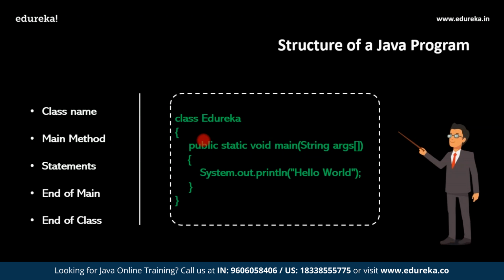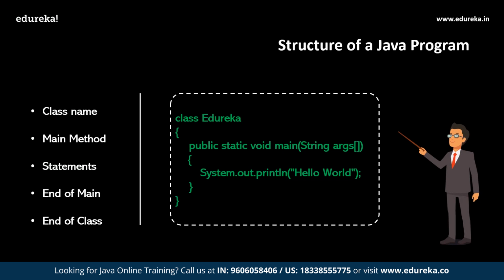The access specifier for this main method is public. And whatever you write inside the main method will be declared as static by default. And followed by that, you will enter into the main method, and inside the main method, there you go, you have your statements. And after the statements, you close the main method, and followed by that, you close the class. So that is the basic structure of a Java program.